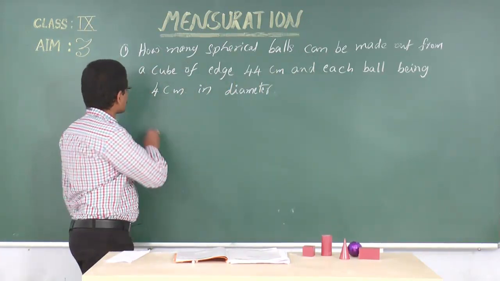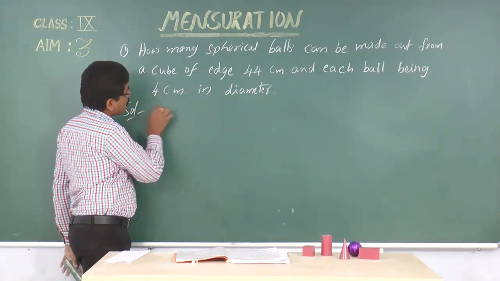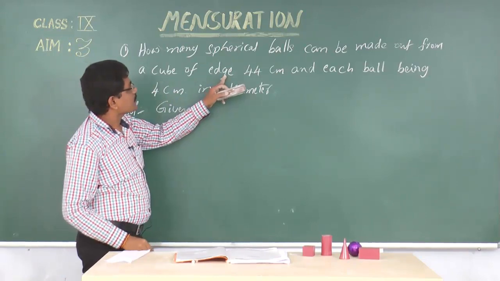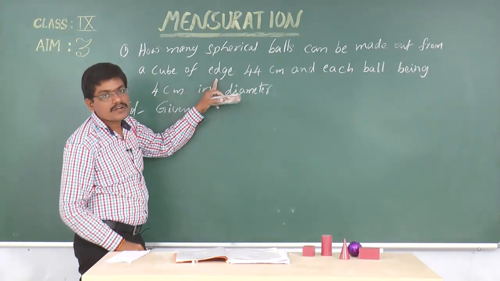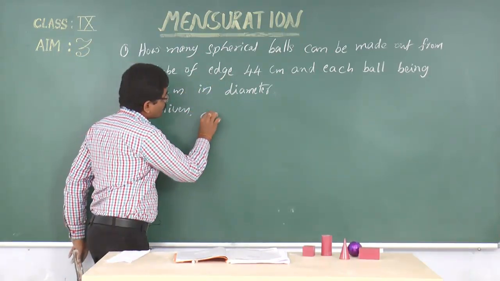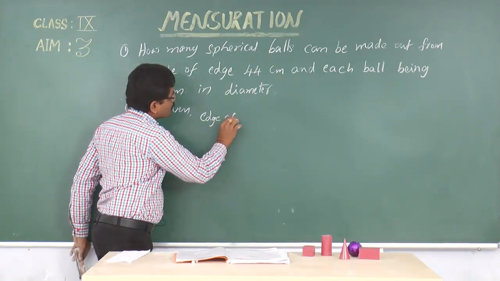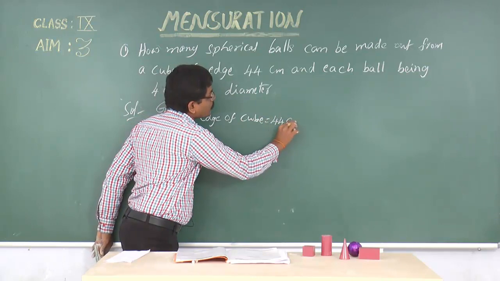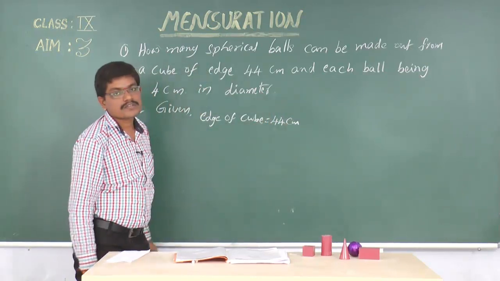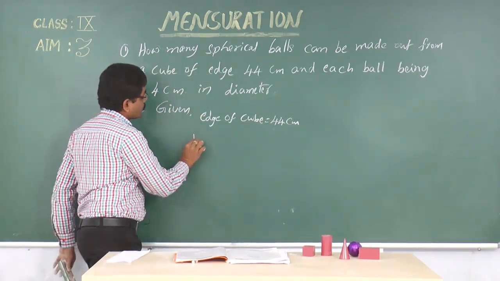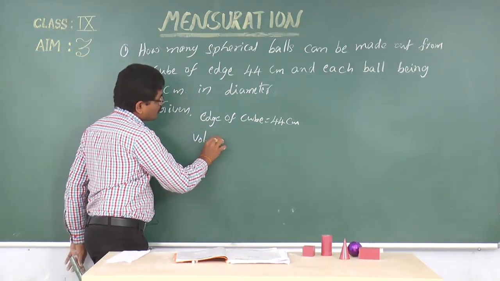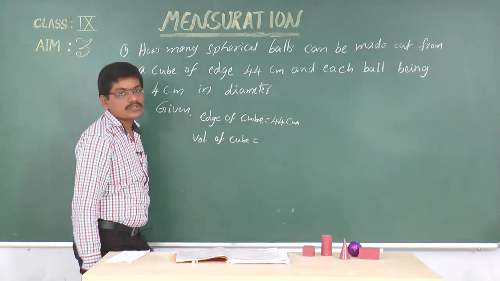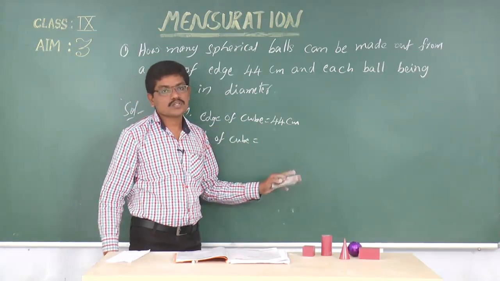So here write first the given data. Edge of cube is equal to 44 centimeters. Then find the volume. Volume of the cube, the formula is a cube.